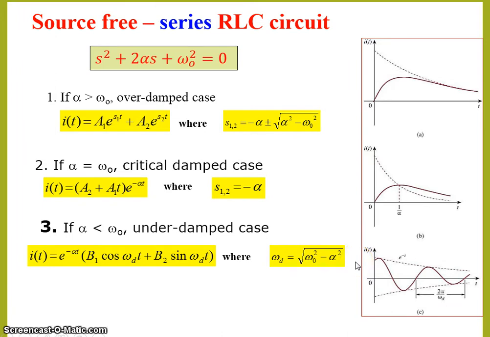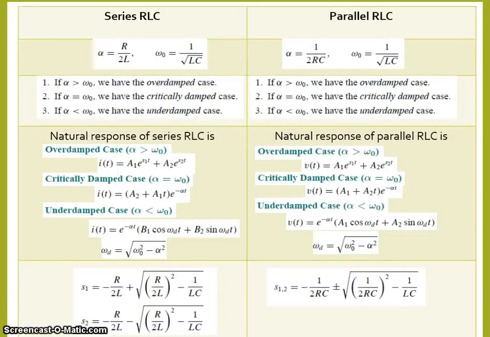Whether it is a series RLC circuit or a parallel RLC circuit, we put together all these concepts, which are seen over here in the table. All three conditions are applicable to parallel RLC also. See, these equations are current equations for series RLC circuit, and when it comes to parallel RLC, the equations are voltages.